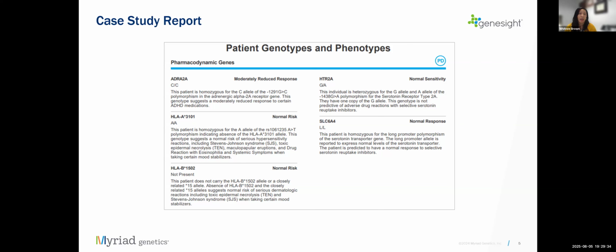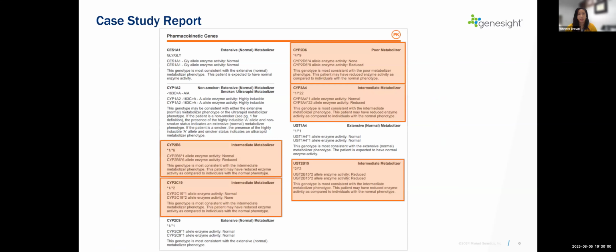And then HTR2A, that's going to be the response to Paxils. And then ADRA2A, this patient did not have a diagnosis of ADHD, but in the case that she did, we would take that in consideration because there was a moderately reduced response here. And then the HLA genes, there was also a normal response or normal risk for things such as Stevens-Johnson syndrome with certain mood stabilizers. Next slide.